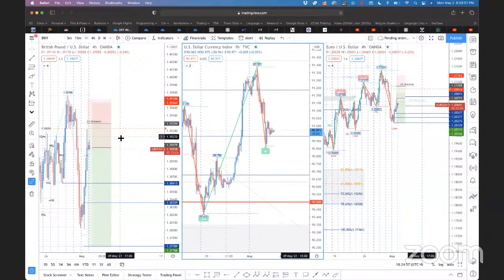So a lot of times, if you're looking for a trade, you might need to market execute, because if you put a pending order in, you will not likely get pulled in if the spreads are too high.